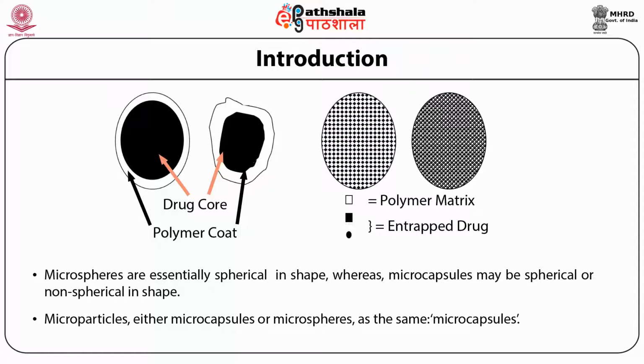It is embedded or entrapped in the matrix, which may be a polymer or a protein. The materials we can use to make microspheres include albumin, gelatin, collagen, carbohydrates, agarose, carrageenan, chitosan, starch, or chemically modified carbohydrates like dextrans and polyacryl starch. These are used as natural polymers in the preparation of microspheres.